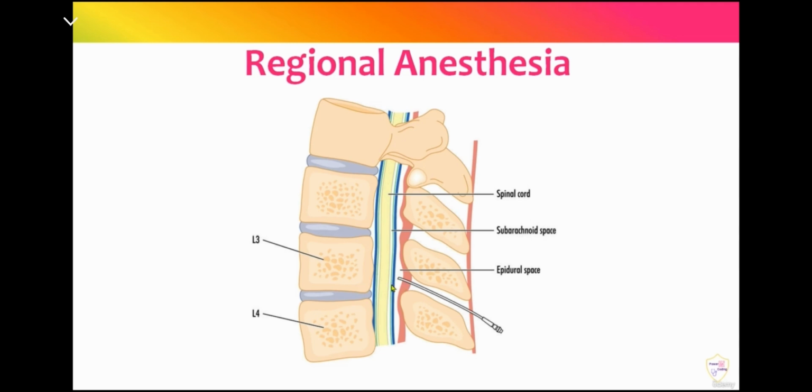So in reality, in the human body, this blue color is actually a white colored membrane, but for the sake of illustration, this is colored blue so that you understand the difference. Okay, so that's the epidural space outside the blue colored dura mater. Inside the dura mater there is a white space. This space is used for subarachnoid or spinal anesthesia.